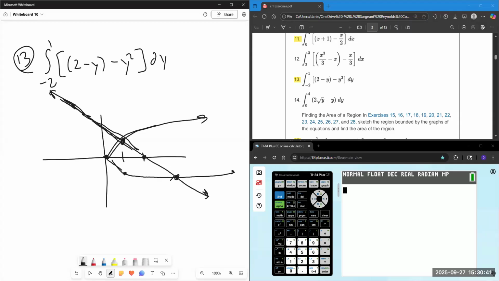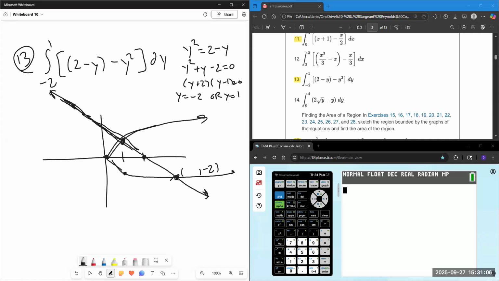So y squared equals 2 minus y: y squared plus y minus 2 equals 0, y plus 2 times y minus 1 equals 0, y equals -2, or y equals 1, and y is -2, which is down here.